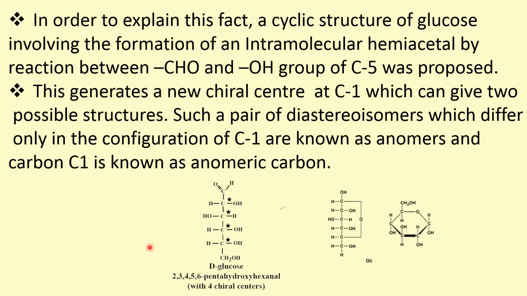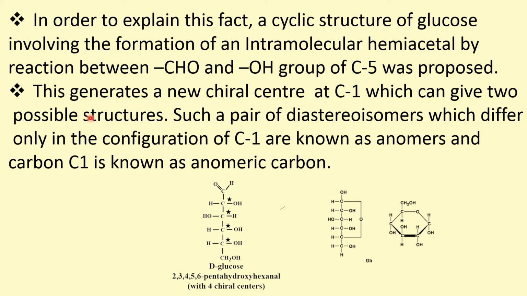Now, to explain this fact that glucose exists in hemiacetal form, a cyclic structure of glucose, where formation of an intramolecular hemiacetal takes place by reaction between the aldehyde group and OH group of the fifth carbon atom, was proposed.